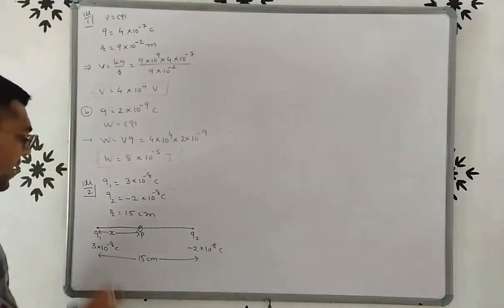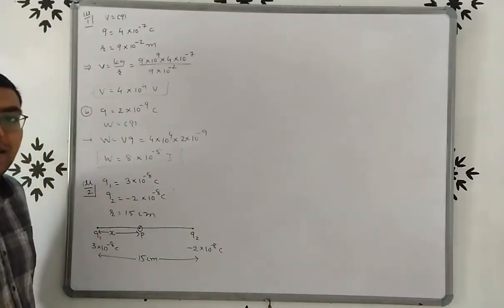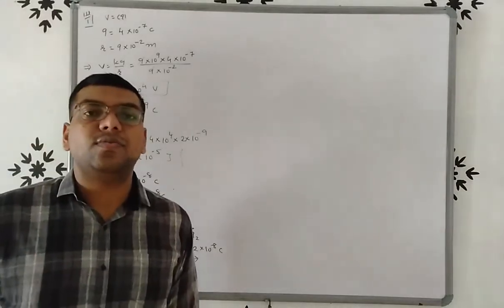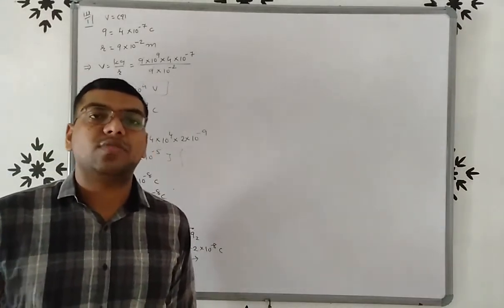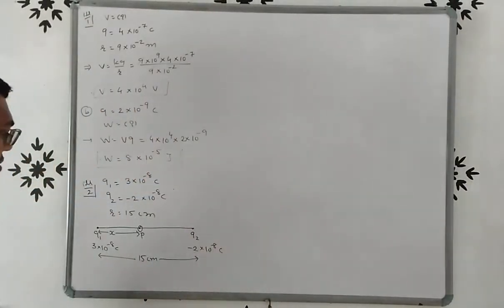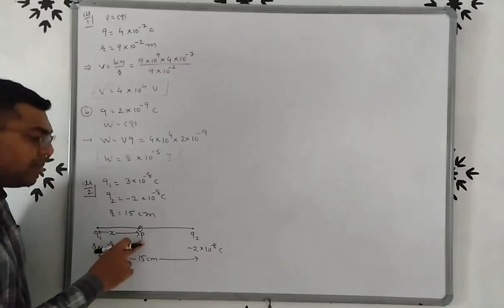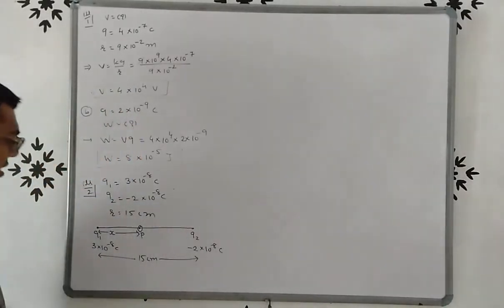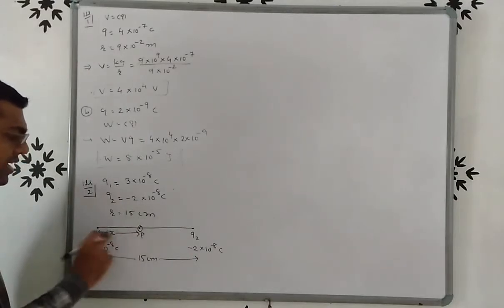So here we have to find out the value of x, right? So here the question is at which point, or we can say at which distance potential should be 0. So here we assume that at point P potential should be 0. So here the distance from Q1 to P is x.